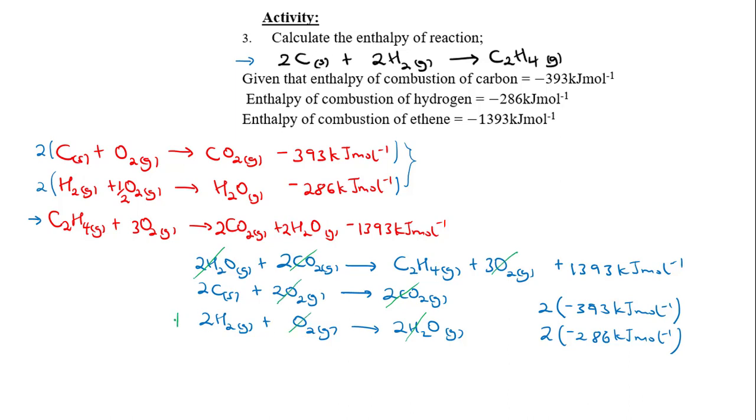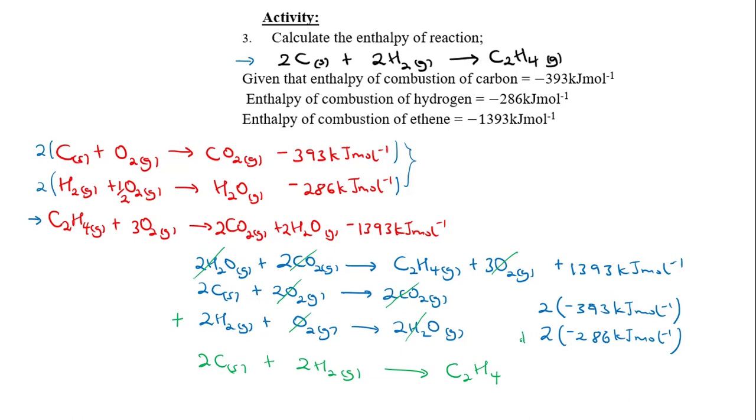So if we add the 3 equations, we shall remain with 2 carbon atoms joining together with 2 hydrogen molecules to form ethene, C2H4.